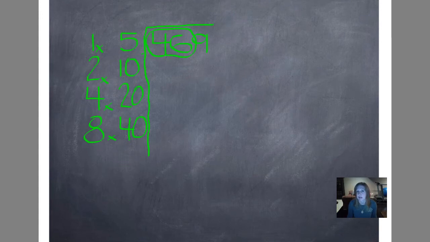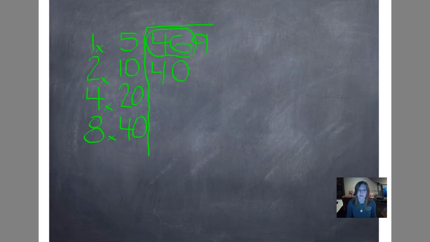Pretend like that 9's not there. I can't cover it up with my hand, but pretend like it's not there. So we're looking for the closest number that will go into 46 without going over. We go down this list of doubles, and 40 is the closest to 46 without going over. So I write 40 right under 46 because I'm not looking at the 9 at all.